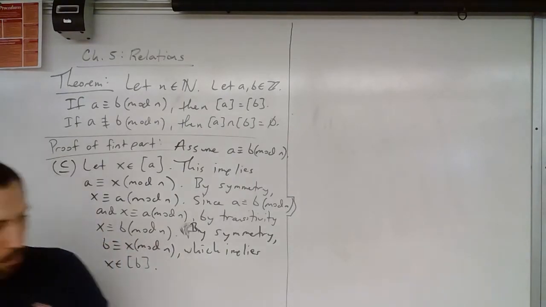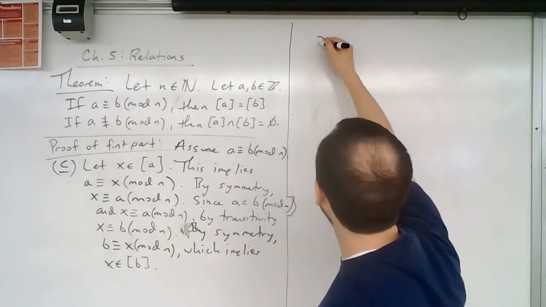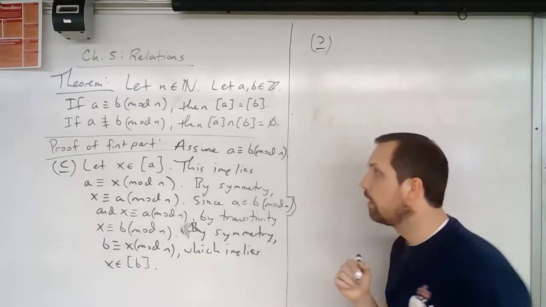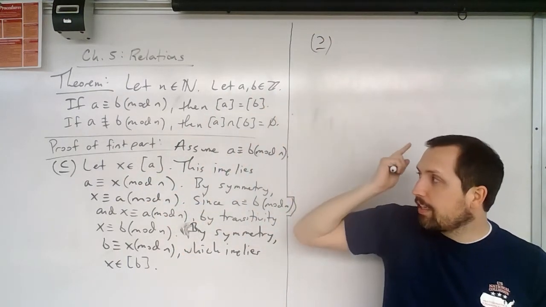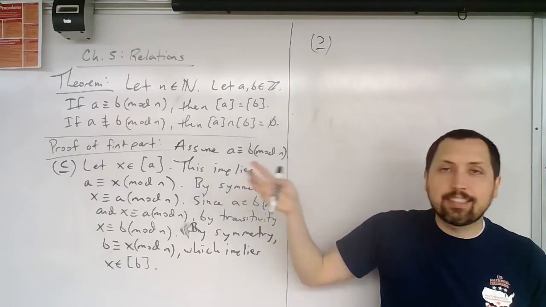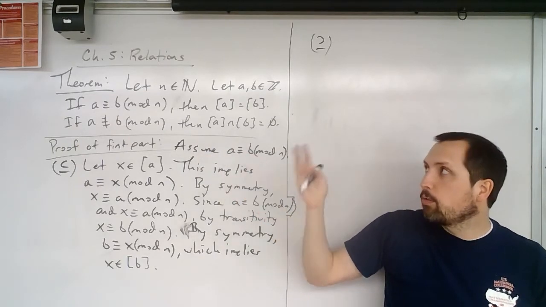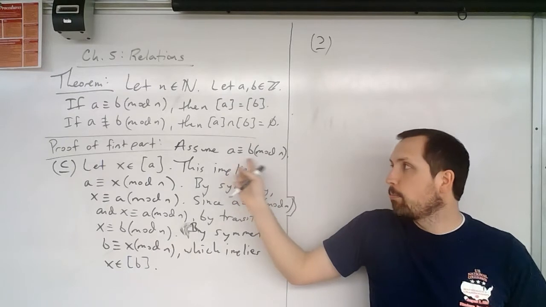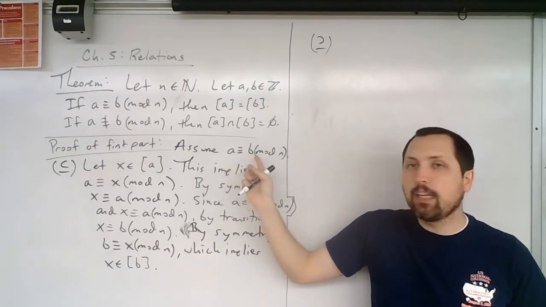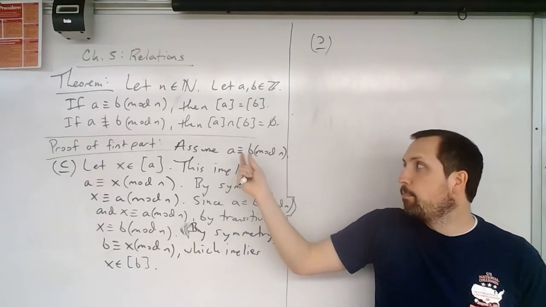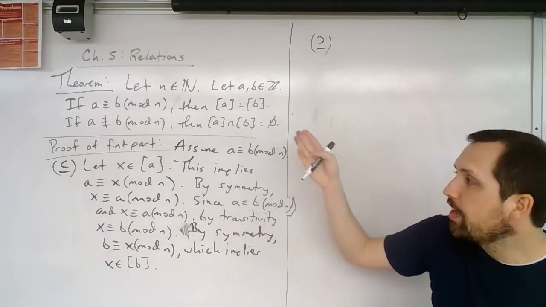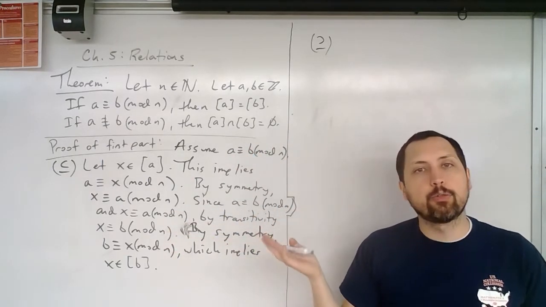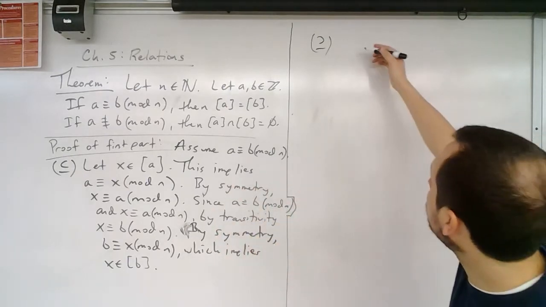Now, if we're trying to prove the opposite direction, we would start out with x as an element of the relation class of b, but this is almost exactly the same proof. The only thing that's a little bit different is that we had this assumption that a is equivalent to b. We would end up using the fact that b is now equivalent to a. We'll use symmetry a few more times, but basically the proof is almost identical to this. So there's really no point of doing this.